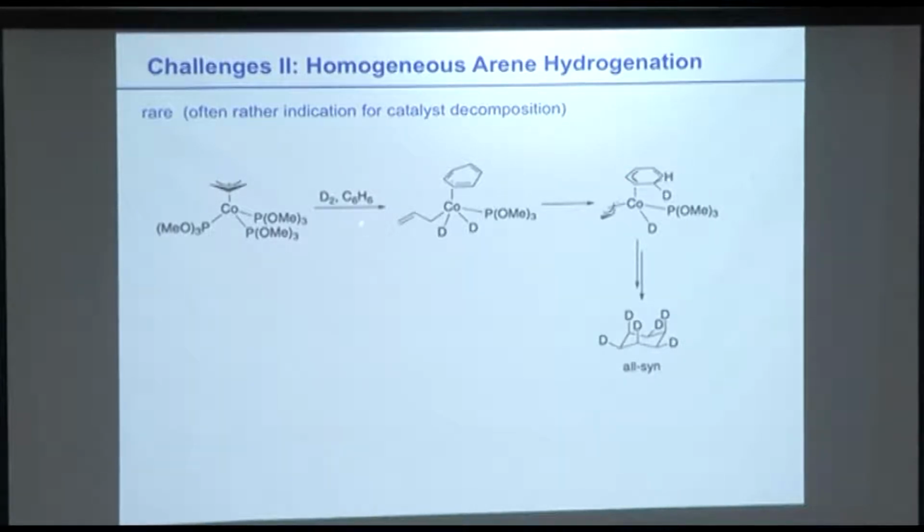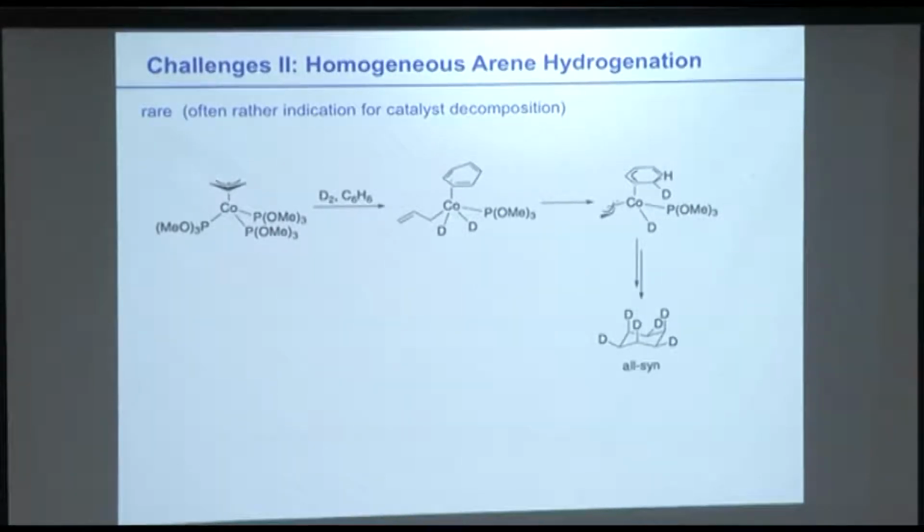So the benzene is either eta 2, eta 4, or eta 6 bound, and then the hydrogen is constantly drifting from the metal center to the benzene, so this is like a plate that always gets attacked from the same bottom side. So your product, if it's homogeneous and it's all staying at the same metal center, should have all the isotope labels on the same side, because everything comes from the same side.